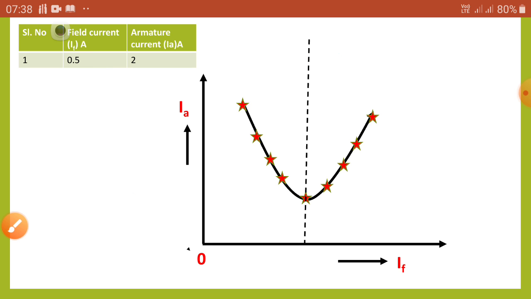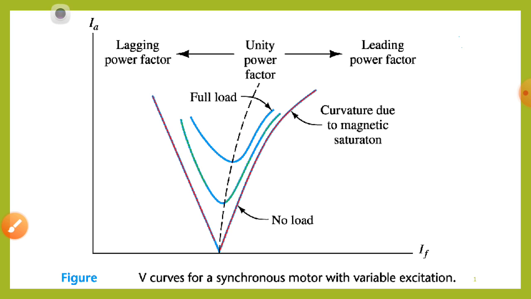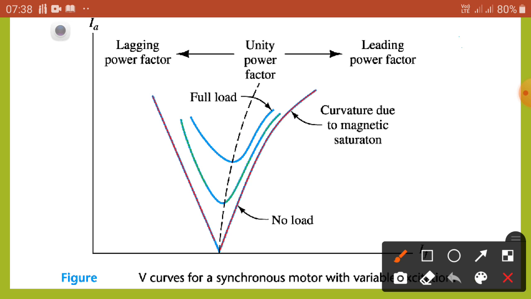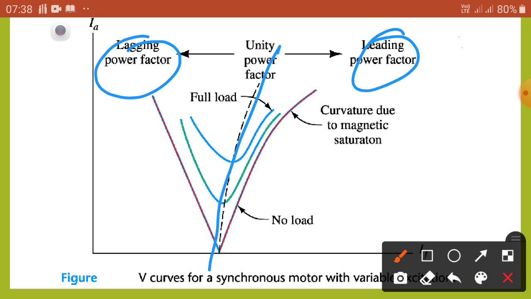Let us discuss this clearly. Now you can see what we discussed previously. This is the unity power factor curve, this area is the lagging power factor area, and this area is the leading power factor area.